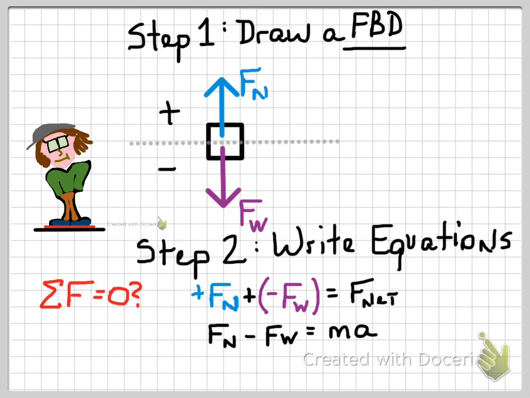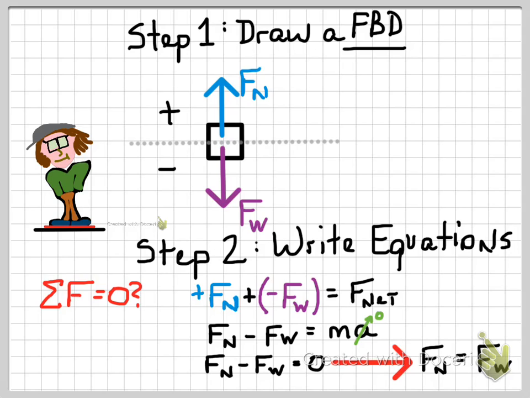So I can write it more succinctly as the normal force minus the weight is equal to ma. I've substituted ma in for F net. That's Newton's second law. Let's keep in mind here that the net force is 0 because he's non-accelerated, and therefore I could simply write it as the normal force minus the weight is equal to 0, or for simplicity, the normal force is equal to the weight. Their magnitudes are equal, their directions are opposite.